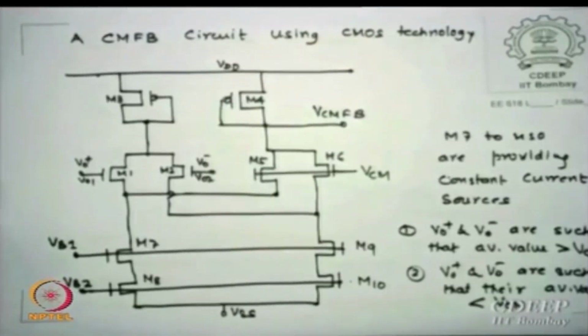VO plus, VO minus, either way it will bring it back to its VCM value. Once the common mode feedback settles, that means your common mode rejection ratio is permanently fixed by you. This is something which CMFB allows.